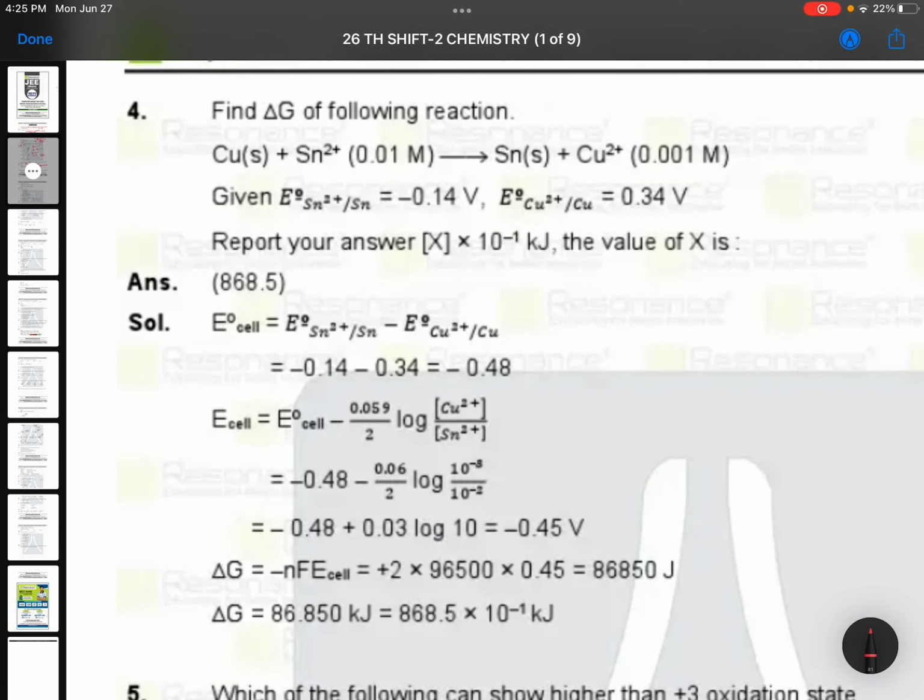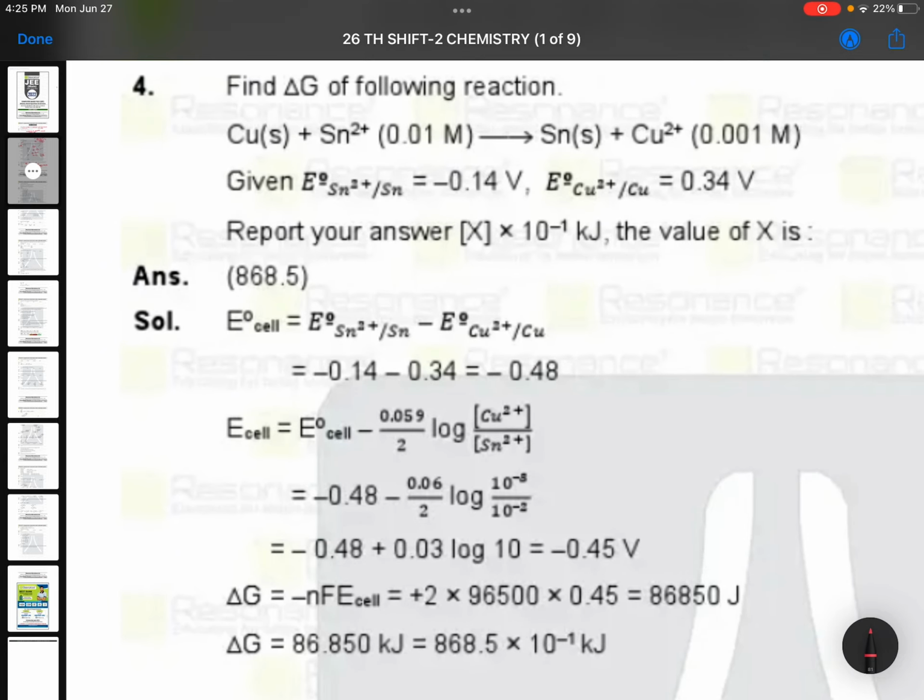Find delta G of the following reaction. Delta G relation is delta G is equal to minus NFE. E cell can be calculated by using the Nernst equation. Nernst equation is E cell is equal to E naught cell minus 0.059 by 2 log reduced form by oxidized form.